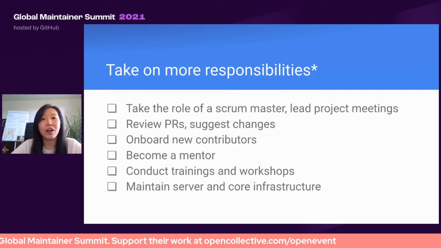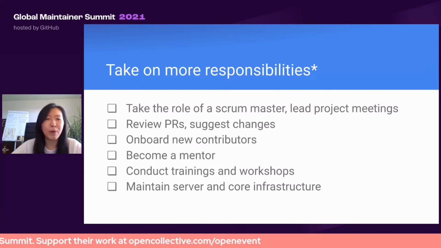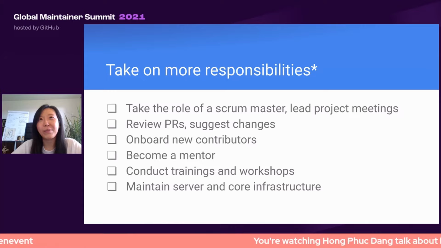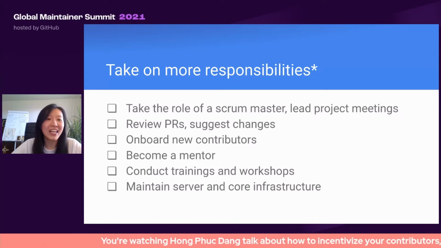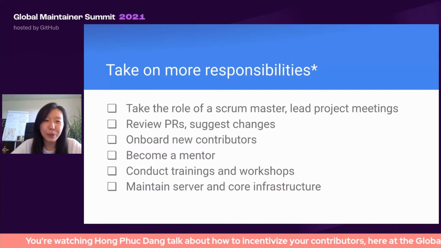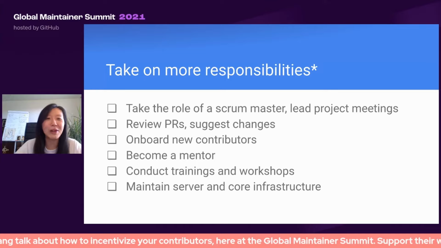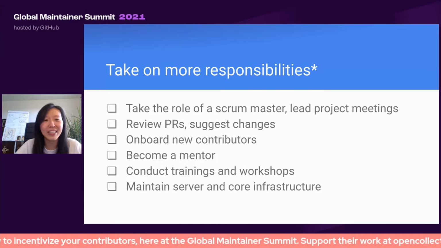So we do a regular project call where people come in and share what they would like to work on. We assign them to lead project meetings, to facilitate meetings, review pull requests and suggest changes. Whenever they have a chance to comment or to help others become better, they also get very motivated.